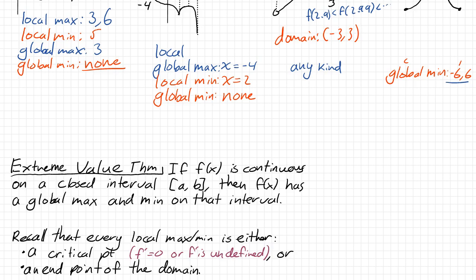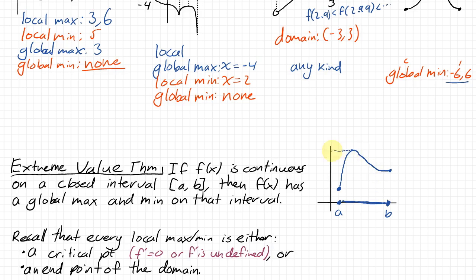The reason you can imagine that this might be true is, let's say you have your domain, which includes a and b, whatever these numbers are, and all the numbers in between. Then whatever this graph looks like, it might go way up and then come down again or something like that. Who knows?